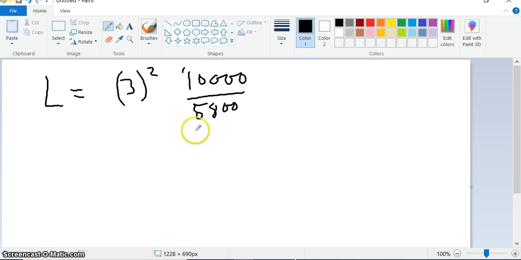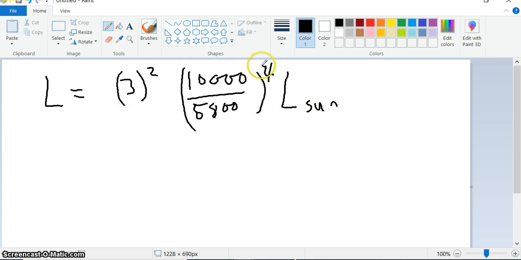But remember, we're raising that to the 4th power. Numerically, it comes out to 79, and this is times the luminosity of the sun.